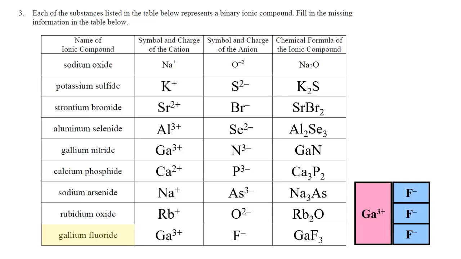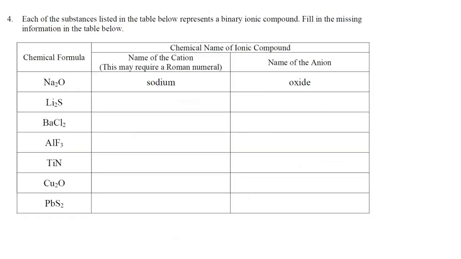I'm just reversing that process. So here in question 4, I'm giving you the correct chemical formula of the binary ionic compound, and we just have to come up with the name. So the instructions are, each of the substances listed in the table below represents a binary ionic compound. Fill in the missing information in the table below.